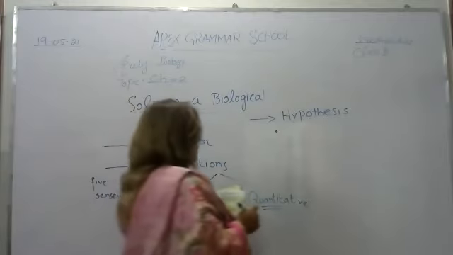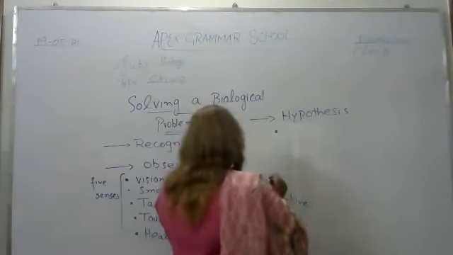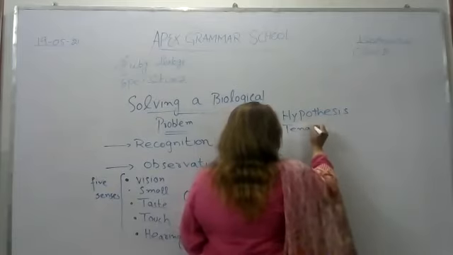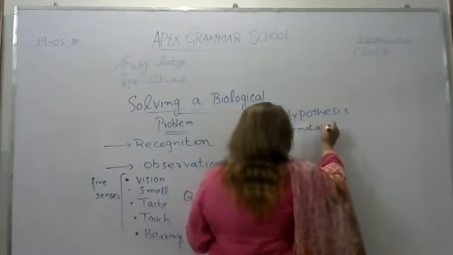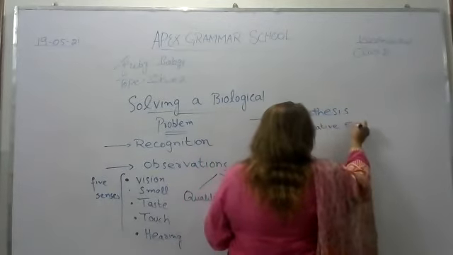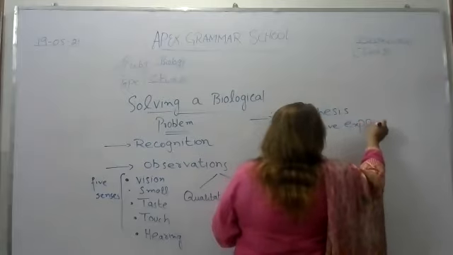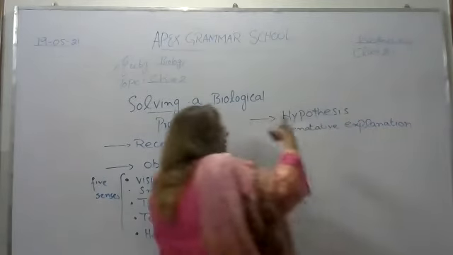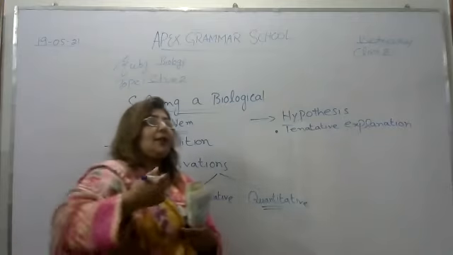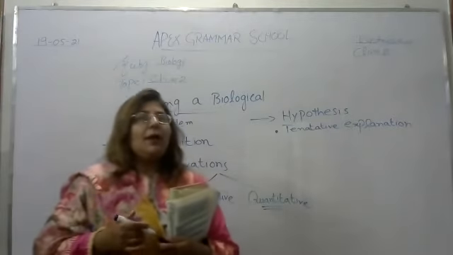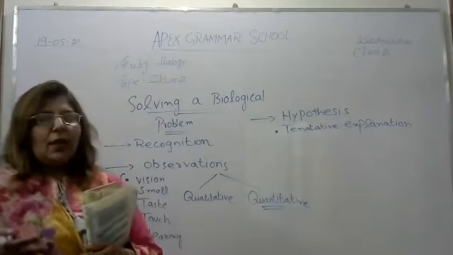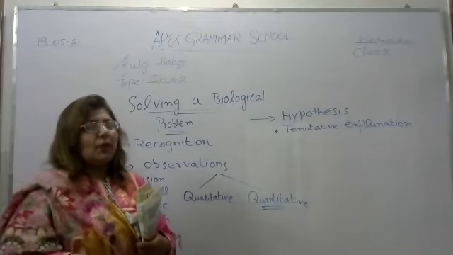First is tentative explanation. Tentative means this statement can be true and this statement can be false. It doesn't become a law because after hypothesis there are other steps. After that, it becomes a law.